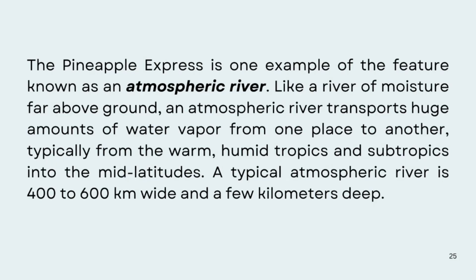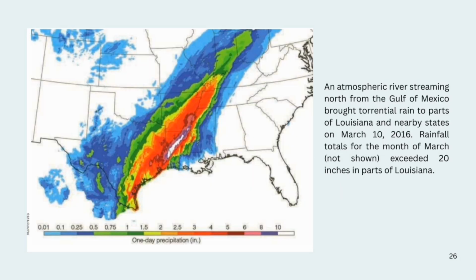A typical atmospheric river is 400 to 600 km wide and a few kilometers deep. In this figure, a powerful atmospheric river in early December 2012 brought more than 20 inches of rain to parts of Northern California with wind gusts as high as 150 mm per hour.